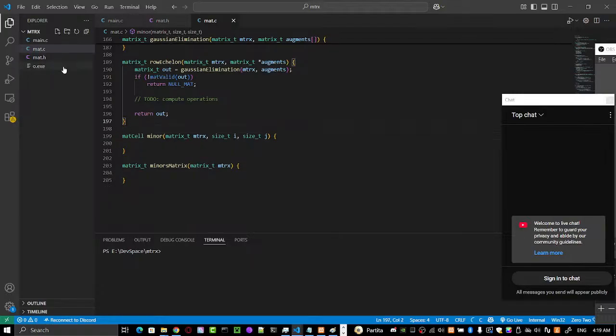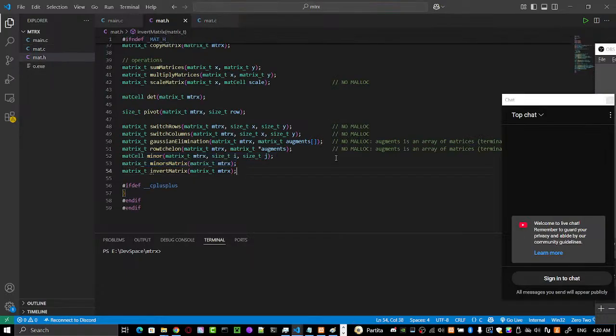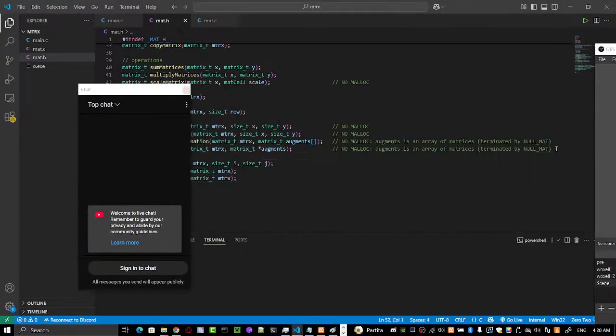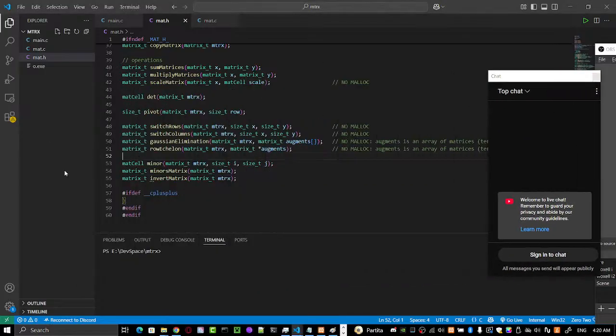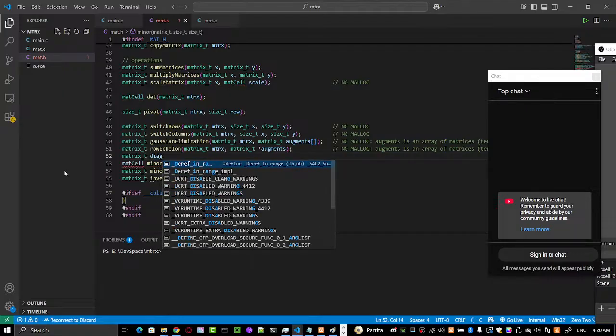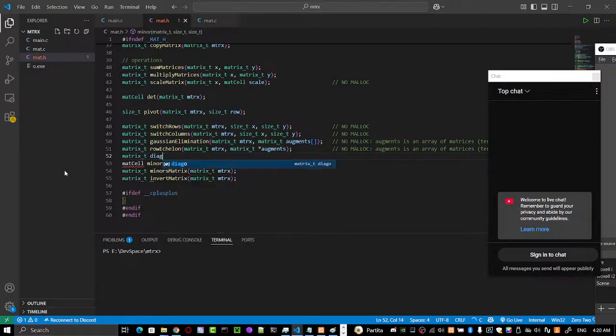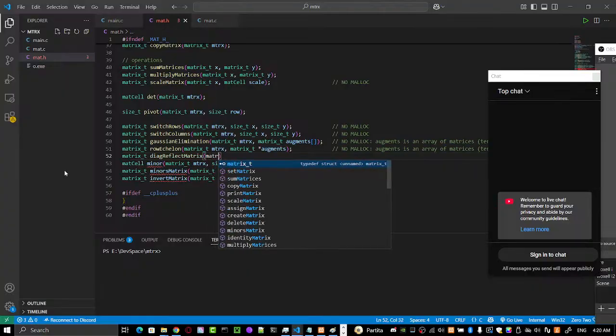Let's implement this function, diagonal reflect. Then we pass the matrix, right?